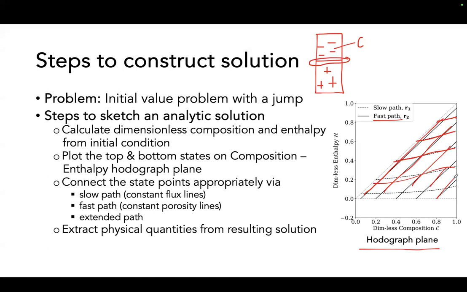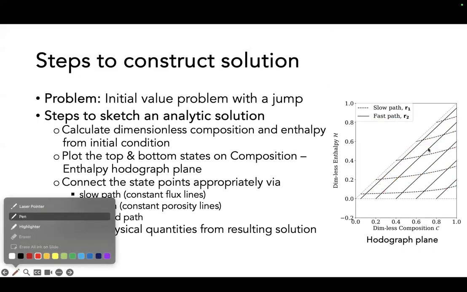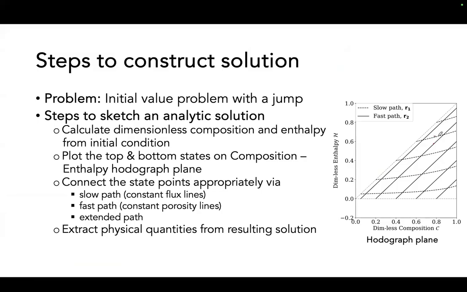So what we do is basically plot the state points corresponding to the top and bottom states, and then we join them following the rules. And the rule is you always start with the slow path, and if there is no saturation, then you start with the slow path, and you end with the fast path if there is a need to go on the fast path.